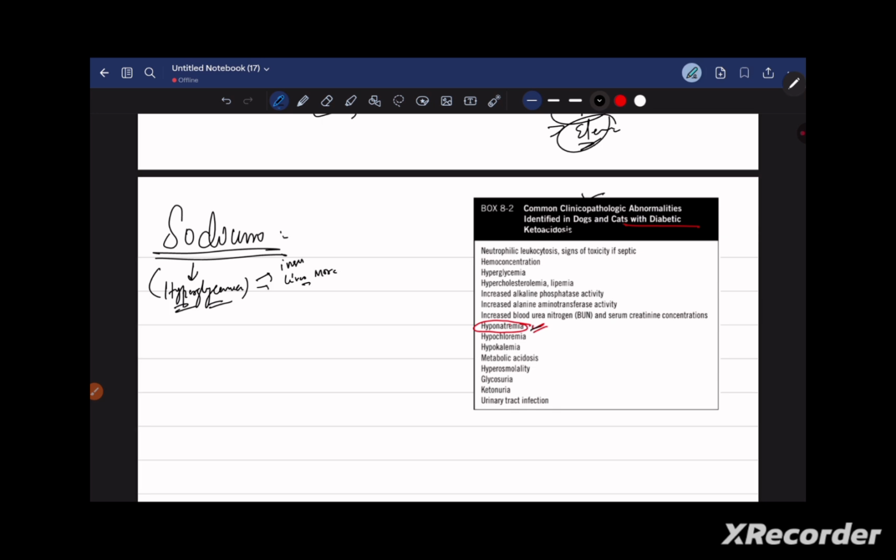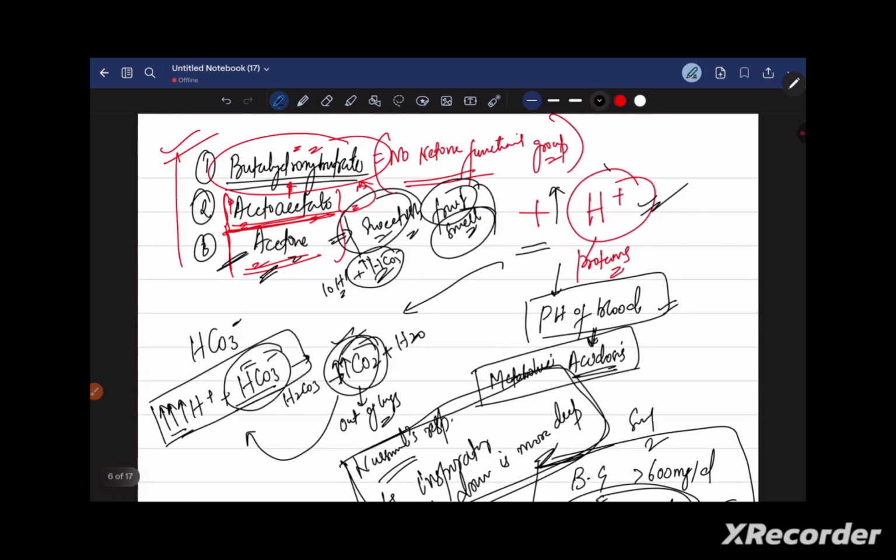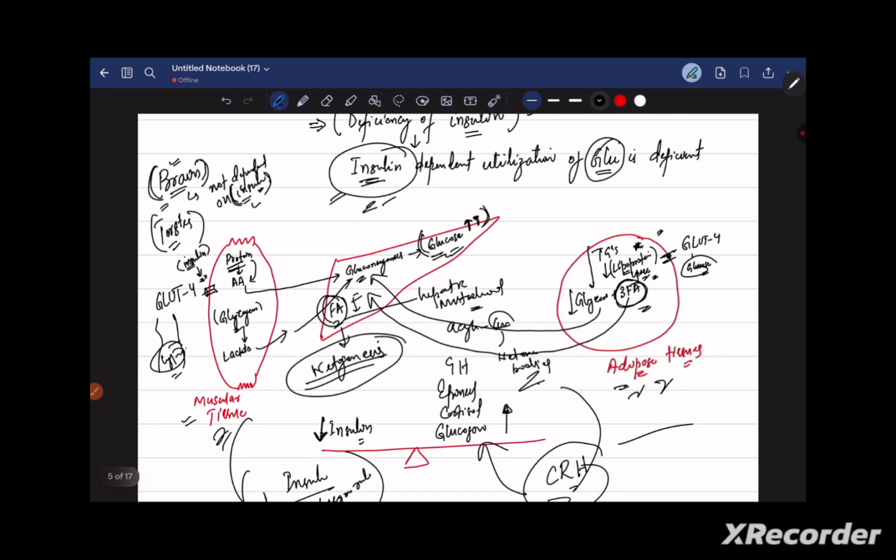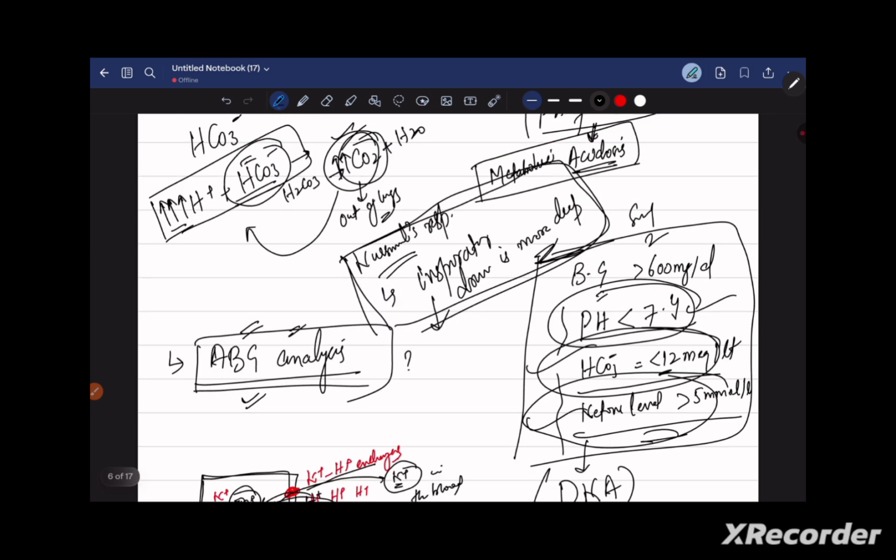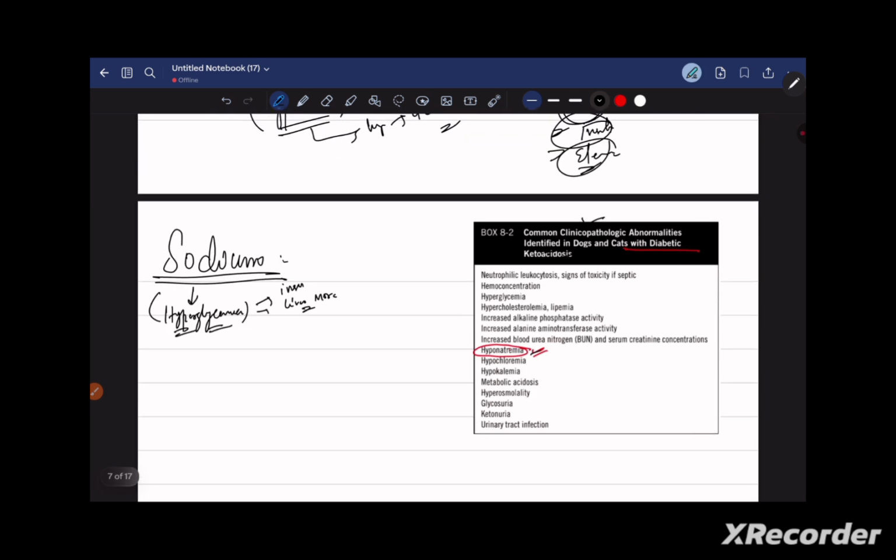I already discussed that despite the normal concentration of glucose in the blood, the liver is further increasing the glucose and aggravating the condition, through the processes of gluconeogenesis and glycogenolysis. So there will be increased concentration of glucose in diabetic ketoacidosis.